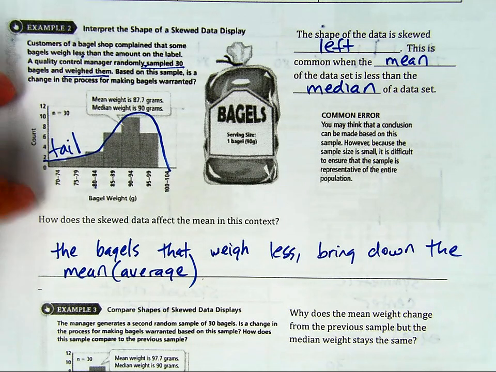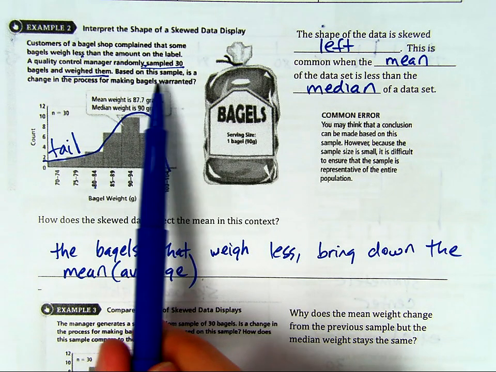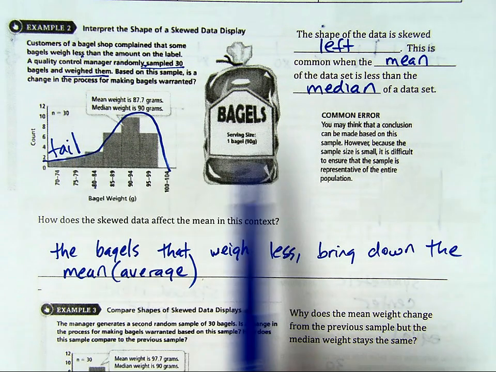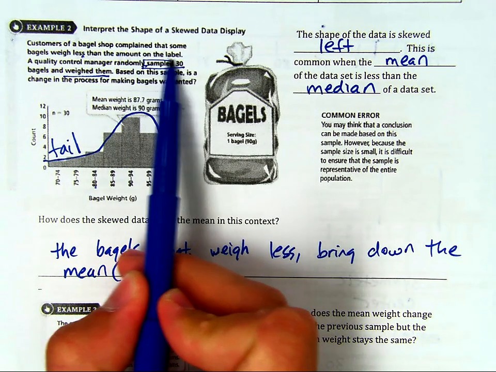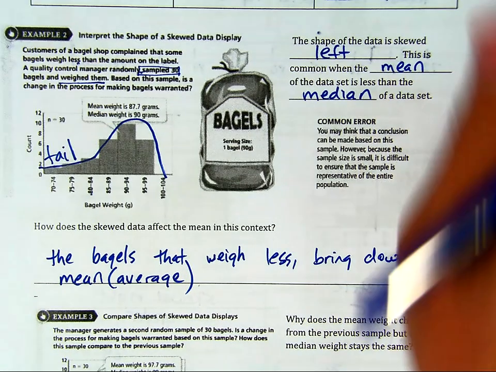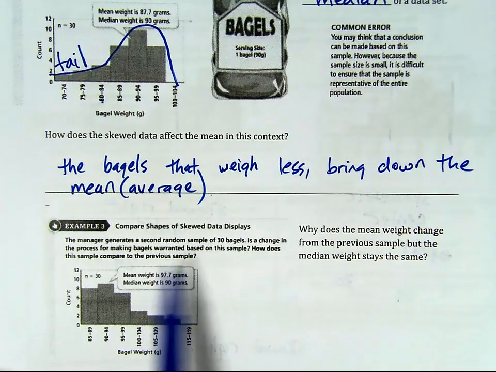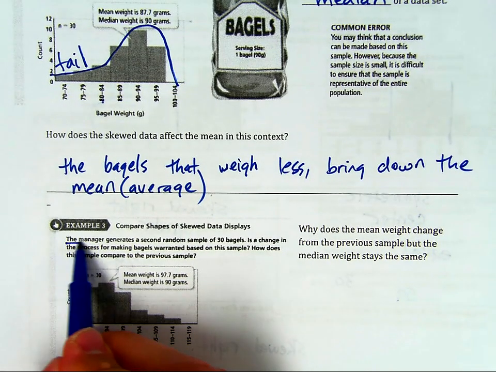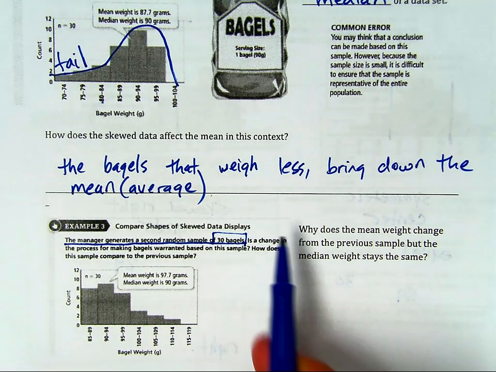So the question we're asking is, based on this, should he change something about it? Well, because we only have a sample of 30, that's not really a big enough sample. So we're going to take a look at the next one to see if we need to change. Now example 3, we have the same type of thing, but the manager generates a second random sample of 30 bagels. So we're checking to see if a change is warranted.